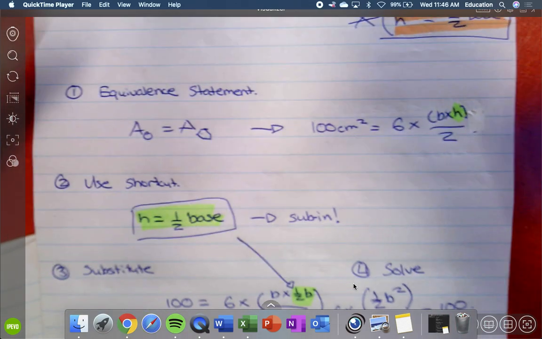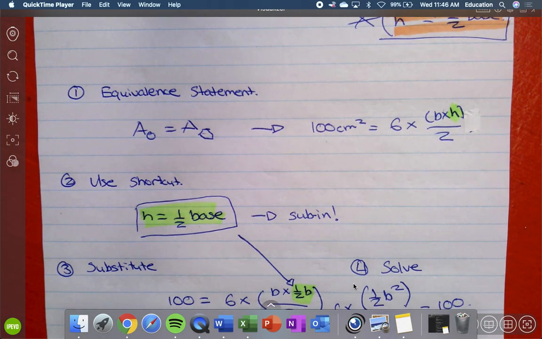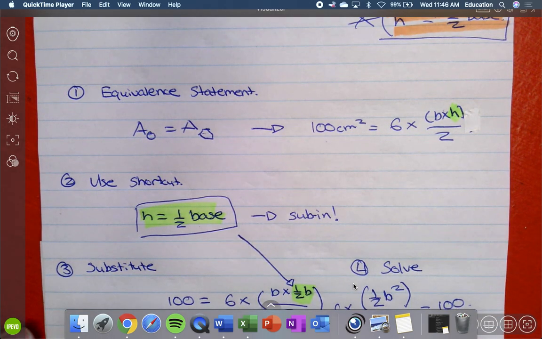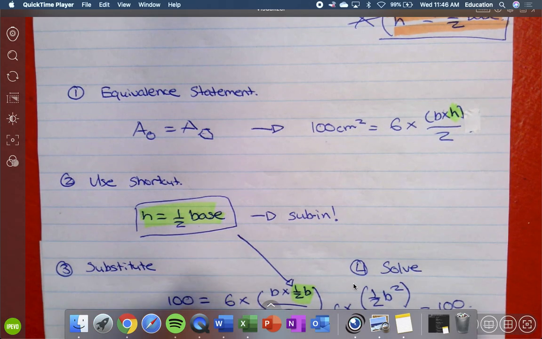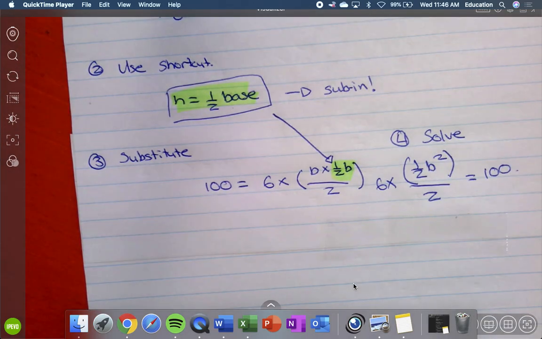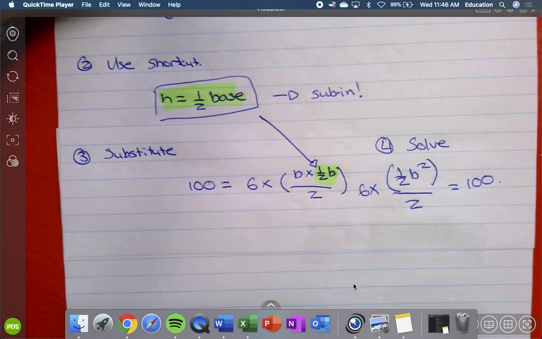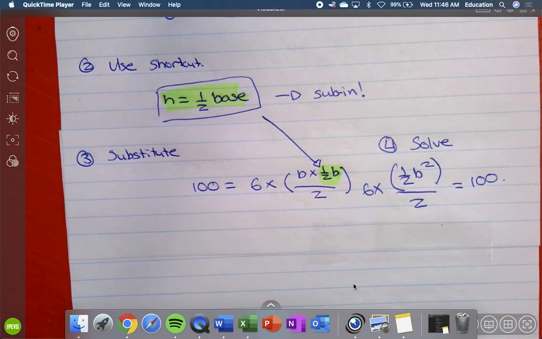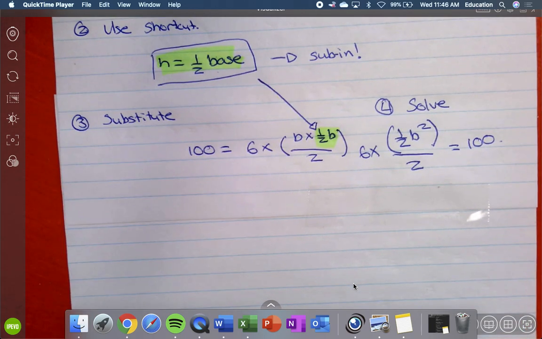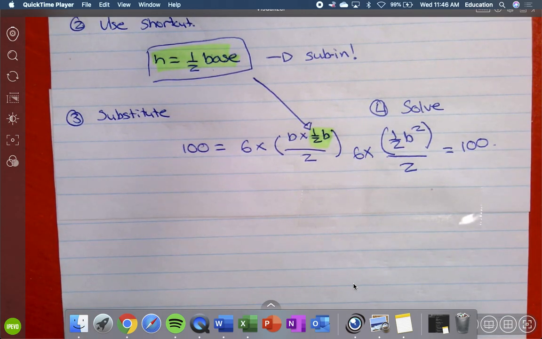This is full base, right? So what does that say? Sub in, yeah. Substitute. Everyone's good so far? I'm not done yet.